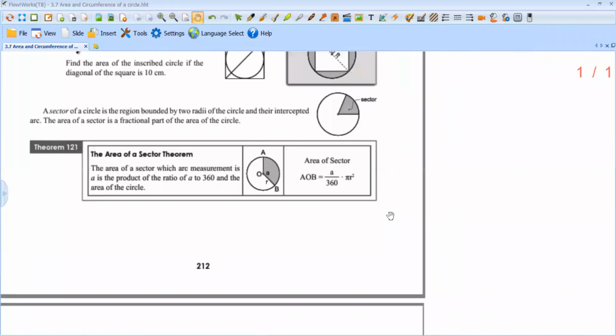So the area of the sector is equal to A, the measurement of the arc, over 360 times pi r squared.